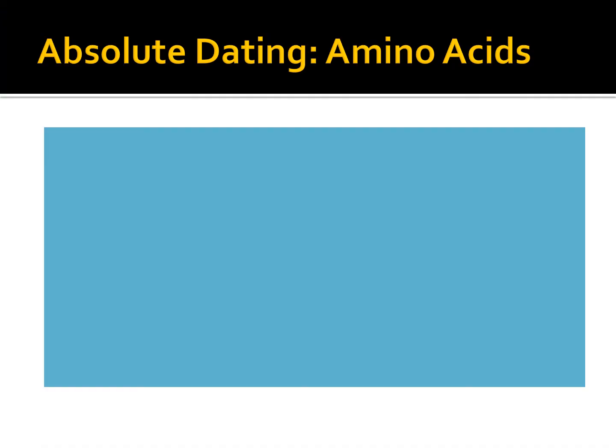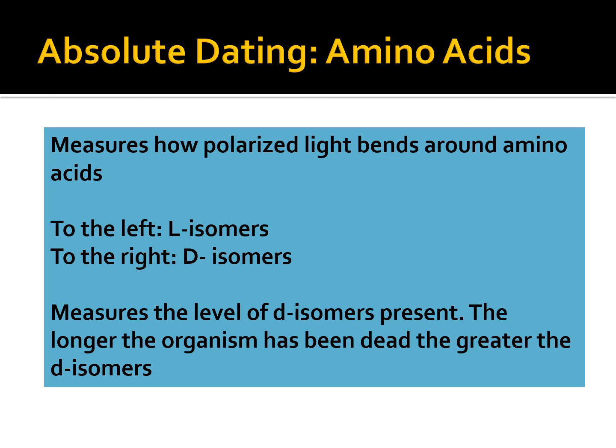And the last absolute dating method and the end of our presentation here that we'll look at is amino acid dating, right? This measures how polarized light bends around amino acids, right? If it bends to the left, you have more L isomers. If the light bends to the right, you have more D isomers present in the organism. So it measures the level of D isomers present.